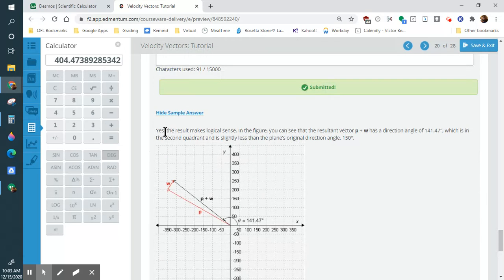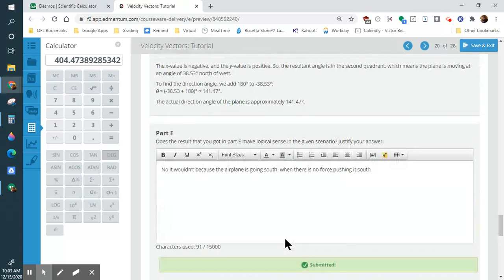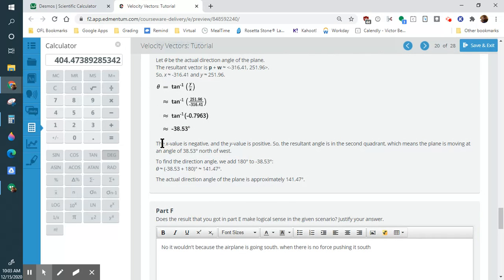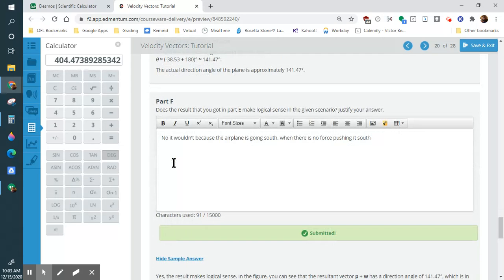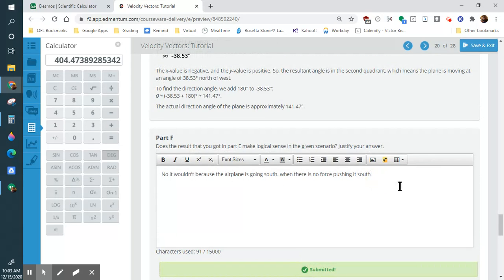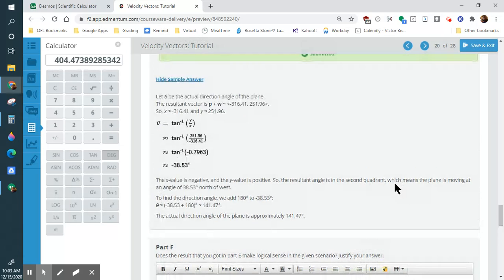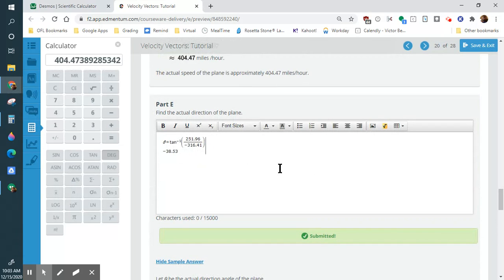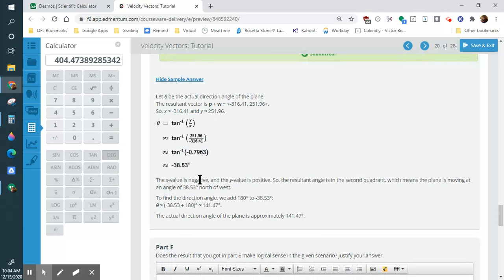So let's see, does the result make logical sense? No, it doesn't. What are we talking about here? Degrees. Oh, but we're doing that from 180. Okay, going south. But since this is from north, that's where I messed up here.